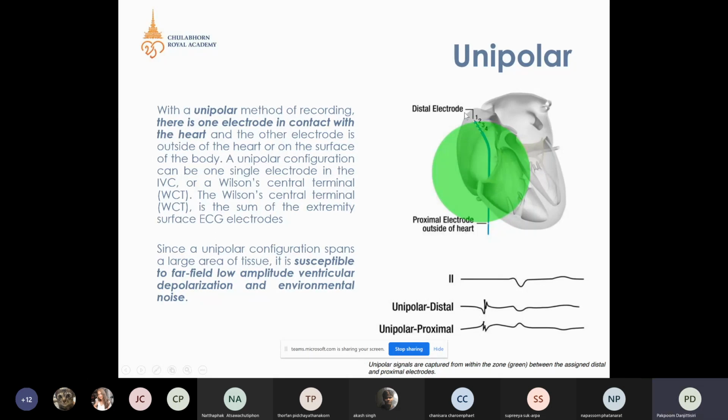Let's say we are looking at the distal electrode, or the first electrode.